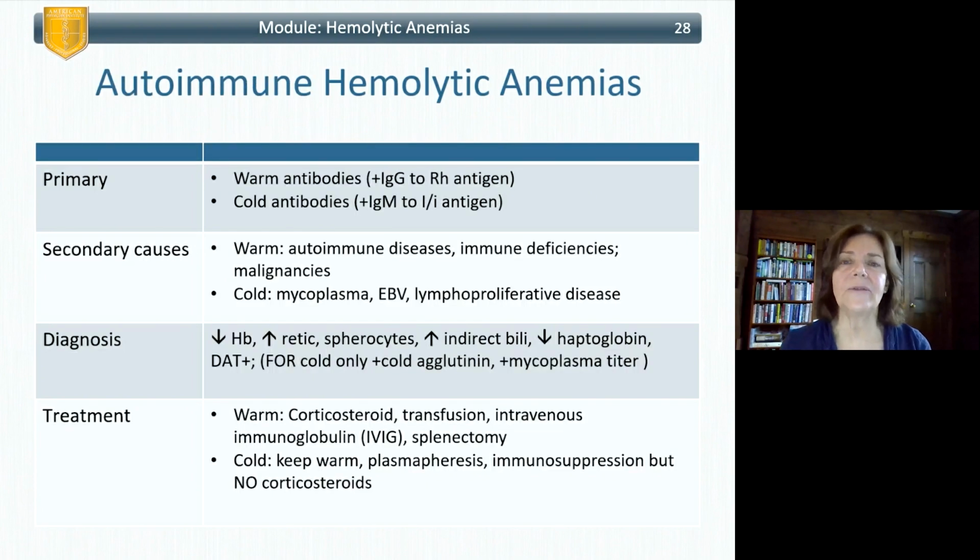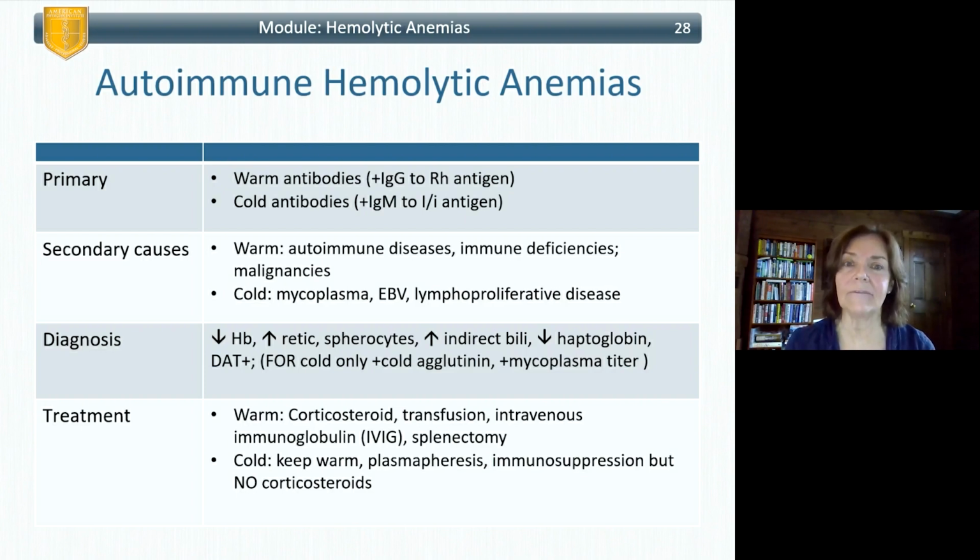Let's talk about extrinsic causes due to immune-mediated phenomena. One is called autoimmune hemolytic anemias. This may be a primary cause, meaning the person has this develop in their body for whatever reason.